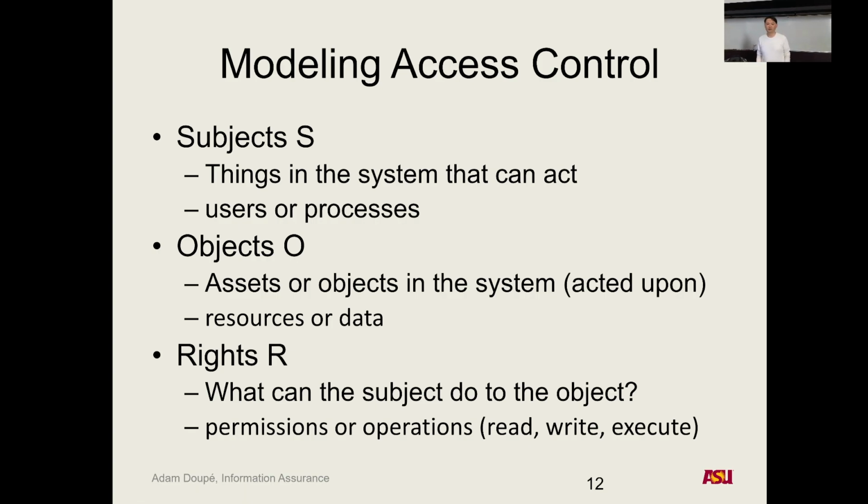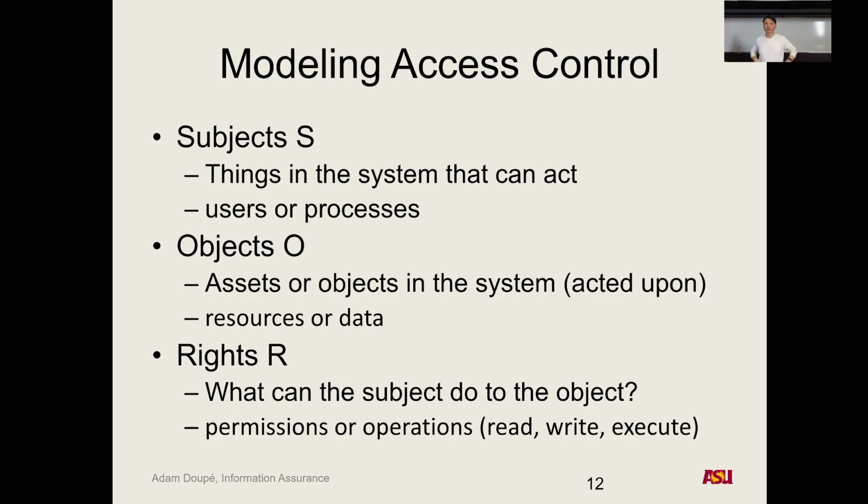To design an access control model, an access control mechanism, we use a modeling approach, using some symbols. Subject S is a thing in the system that can act, like a person, a user, or in this case, a process.